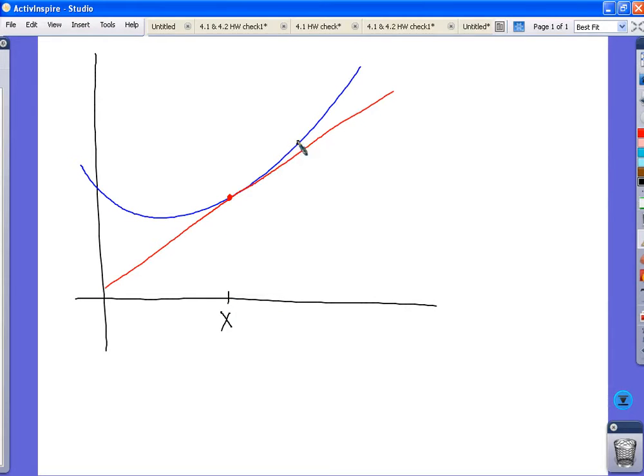So I'll come out here just so we can see all the stuff that I'm going to label. Here's the actual value that I want to approximate. I want to use this red line to approximate the value at this value of x. And we'll just use this label delta x. And so this value of x will be what? x plus delta x.